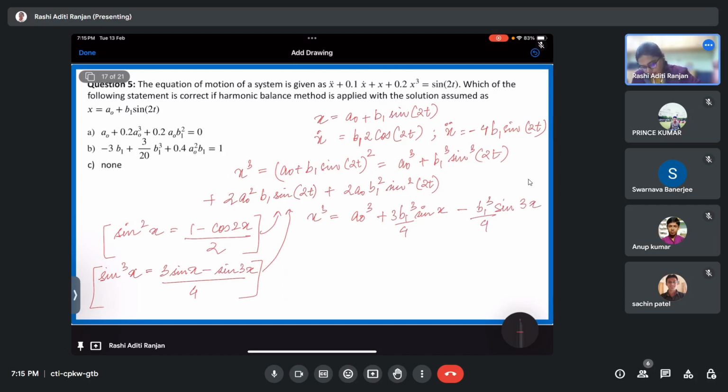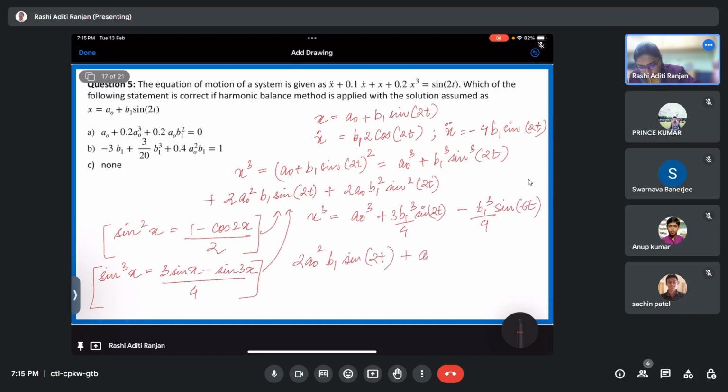Then I have 3 a naught square b1 sine of 2t. Here I have made a mistake; here it will be 2t and here it will be 6t.